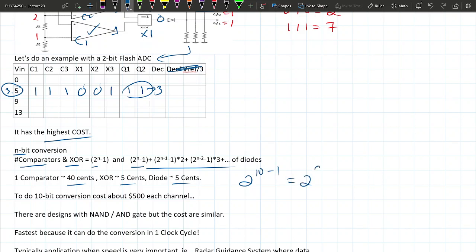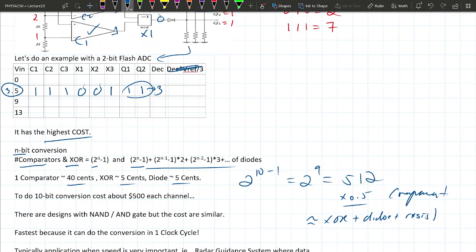that's 2 to the 9, that is 512, multiply that by 0.5. That's the cost of the comparators. And then the XOR gates and the diodes and the resistors are going to be similar in price.